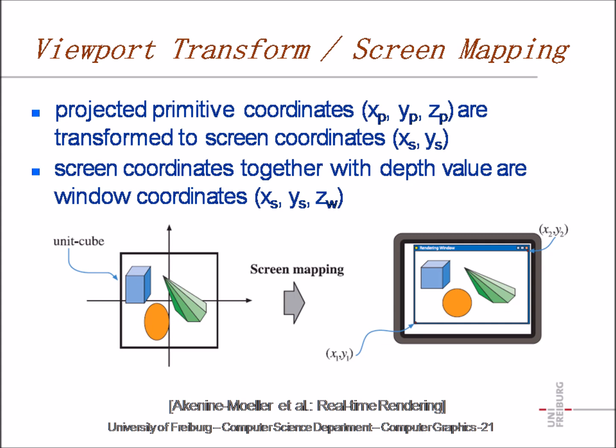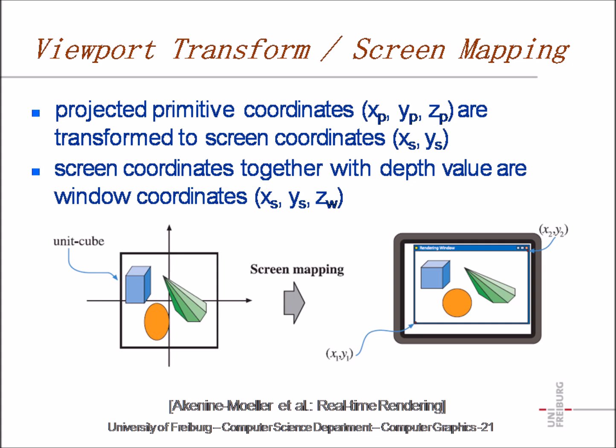However, in screen coordinates, one more coordinate is added to represent the depth value of the object within the screen. After the inclusion of depth value, the screen coordinates transform into window coordinates, that is xs, ys, zw. Zw is the depth value of the object in the screen.